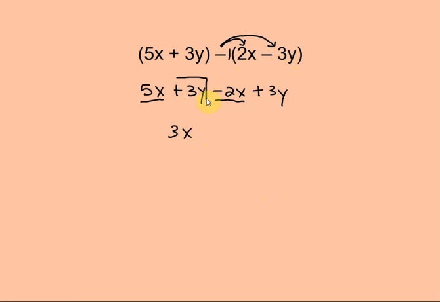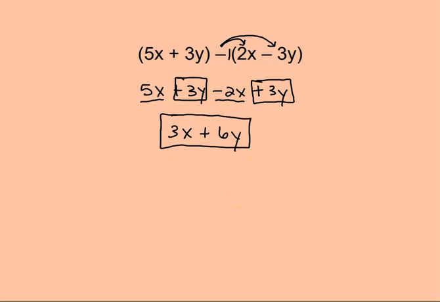And then 3y plus 3y would be a plus 6y. And that's as far as we can go because those are not like terms, so we cannot combine them. So that means my answer is 3x plus 6y.